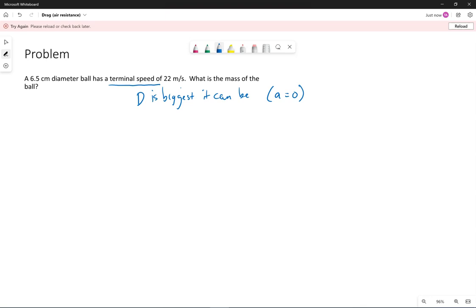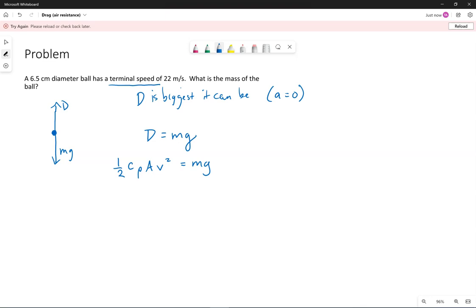In the case of a ball at terminal speed, we know the drag force will be upwards. We know the drag force will equal the force of gravity in this situation. Using the approximated equation our author gives us, which is also in the test notes, we can set that drag force equal to mg.